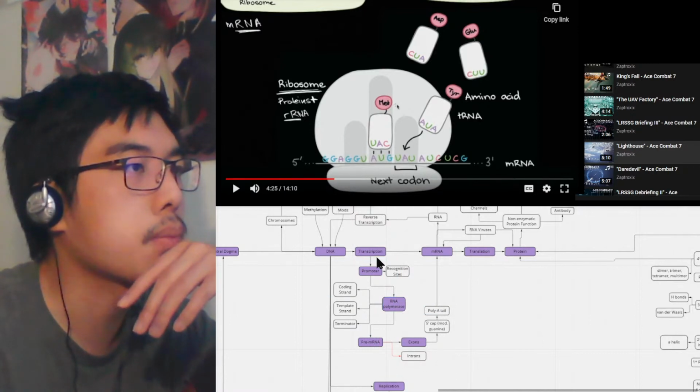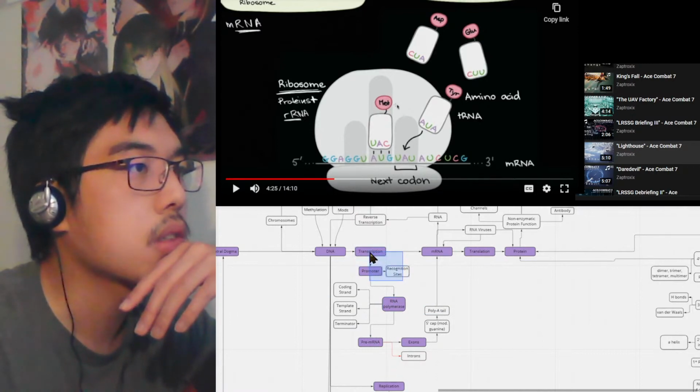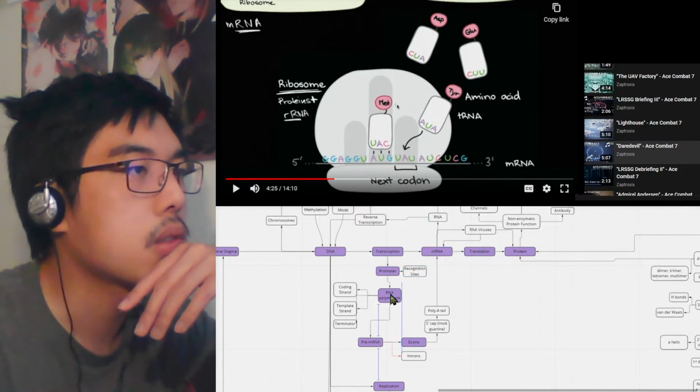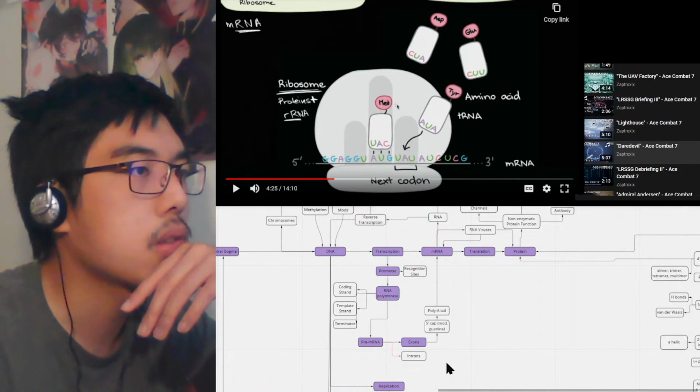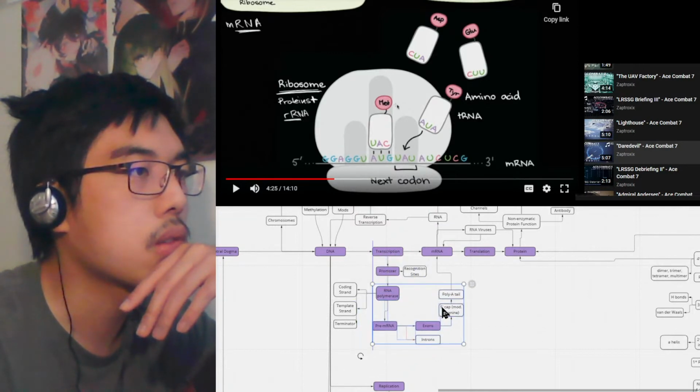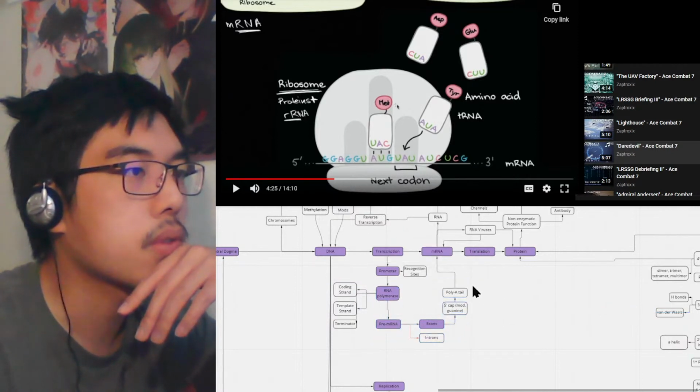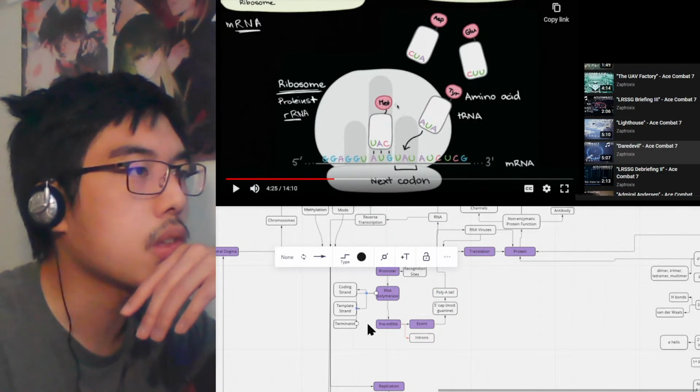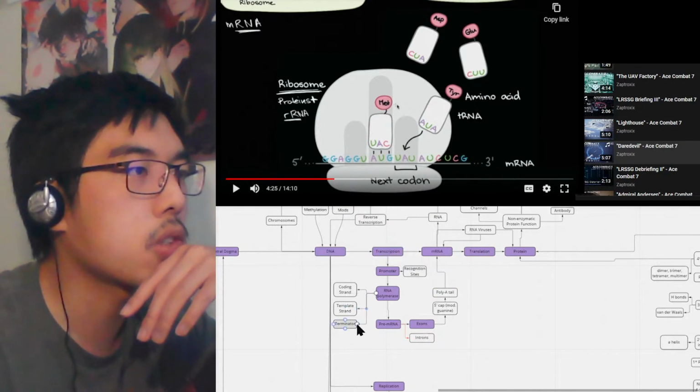Man, I did not give myself enough room here. Let's move that a little. What the hell is going on with this? Oh my goodness, this branch is not cooperating.